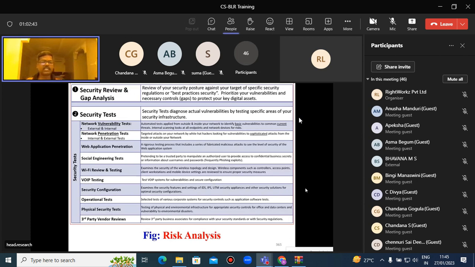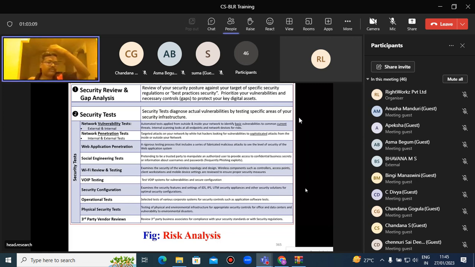See, if you look at the risk analysis, how many types and how many reviews can we perform? Usually we perform risk analysis based on security review and gap analysis, followed by the security test. So what is meant by security review and gap analysis?